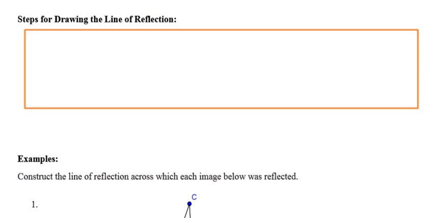All right, I'm going to jump up to the top of the next page. This says steps for drawing the line of reflection. For this too, you need a compass and a straight edge.